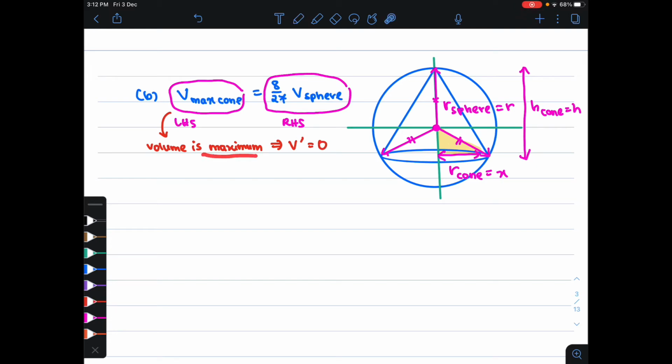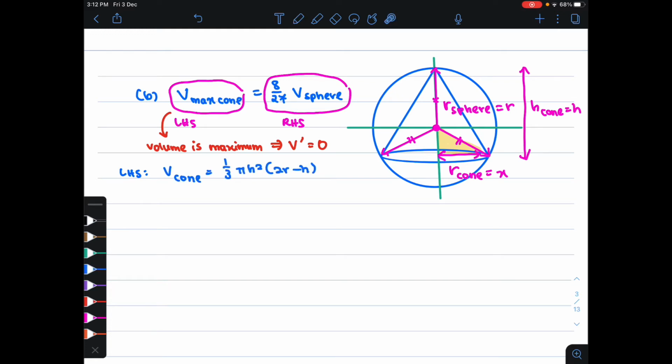Kalau dia maximum ataupun minimum, bermaksud something prime must equal to 0. Memandangkan dia adalah volume, that's why this is V prime. Okay. So, for left hand side, kita kena cari dulu the maximum volume of cone. So, cari dulu volume of cone.